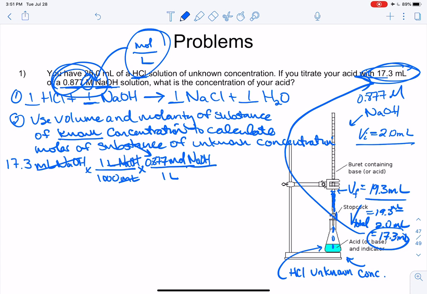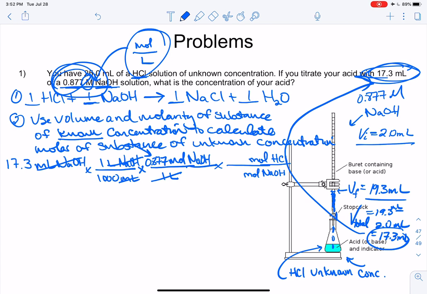All right, now we are in moles of sodium hydroxide. And when we are in moles of something, we can go to moles of something else. So let's put what we want to get rid of on the bottom and what we want to go to on the top. We're relating moles of sodium hydroxide to moles of hydrochloric acid, or moles of HCl to moles of NaOH.